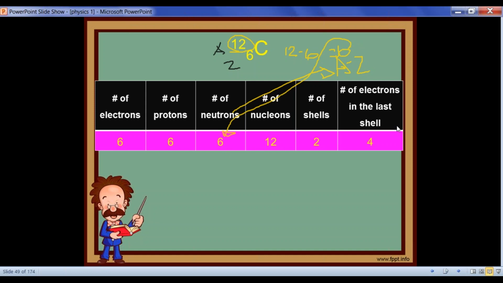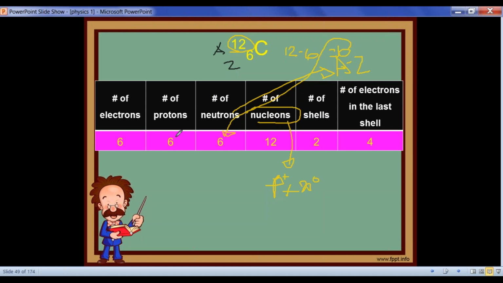Nucleons represents the number of protons, again, as we have discussed earlier, plus the number of neutrons.